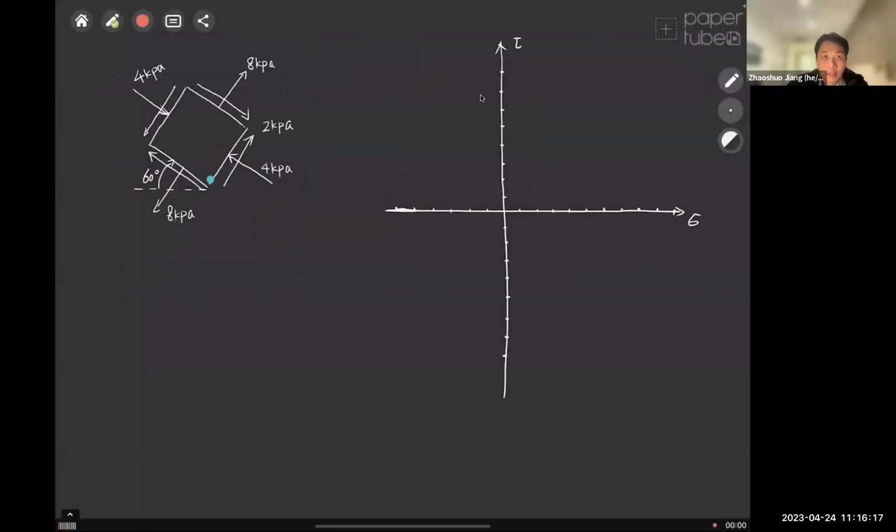Okay. All right, this is the question that we just looked at. We have a small cube that has been rotated 60 degrees clockwise from the original position. Now, what we can do here is first identify the stresses on two planes. For example, this is plane B, and this is plane A. If we look at plane B, we have a normal stress pointing towards the center of the small cube.